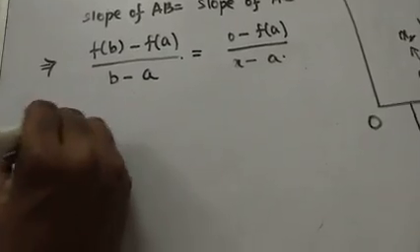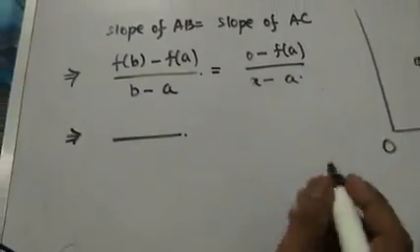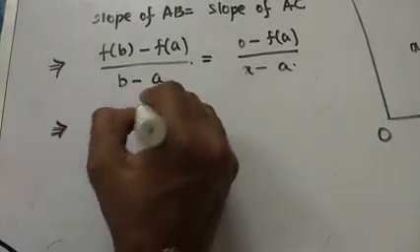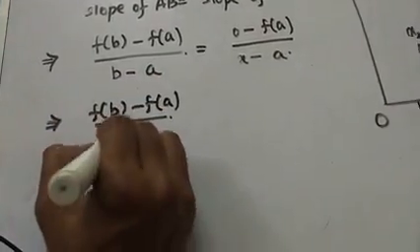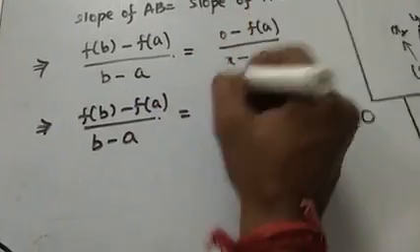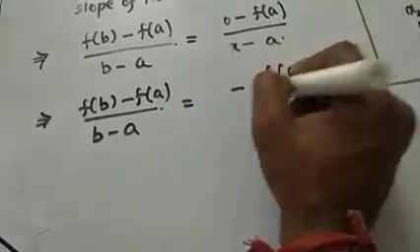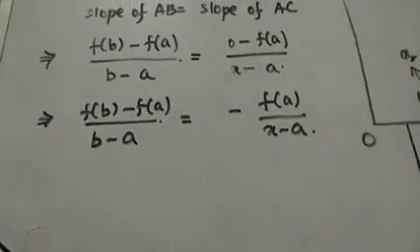So finally now we'll simplify this relation and we'll get our final formula. 0 minus f of a will be minus f of a divided by x minus a.